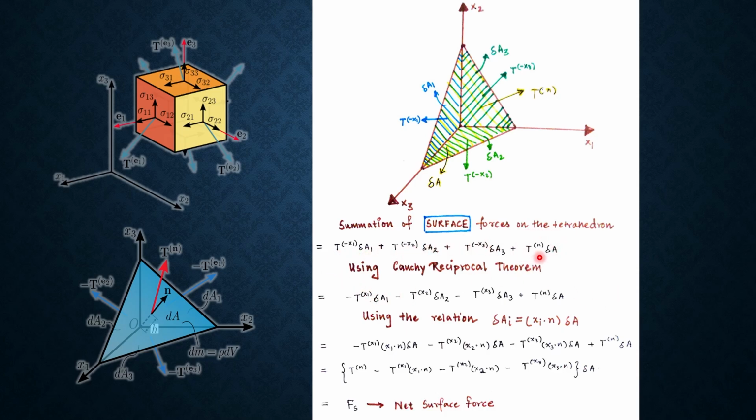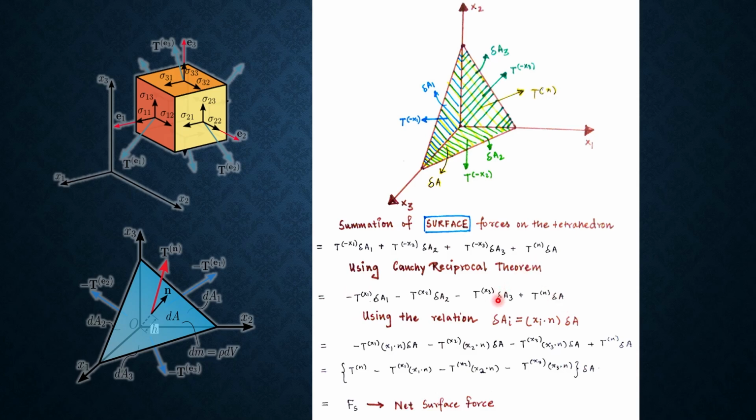Now I'd introduce the Cauchy reciprocal theorem. We can use it over here and convert the t of minus x1 to minus t of x1. Similarly, for the other terms, the same thing can be done, and we will end up with an expression that looks something like this.